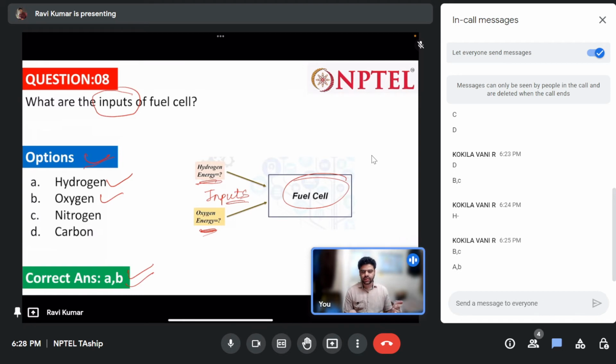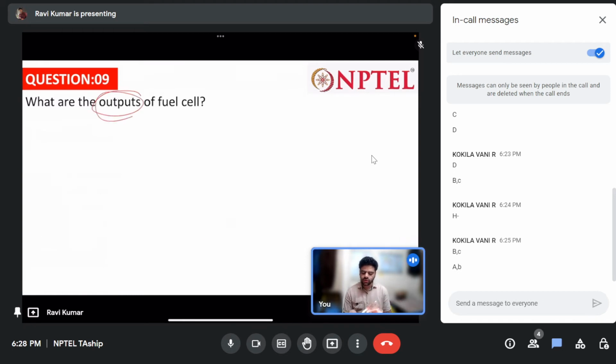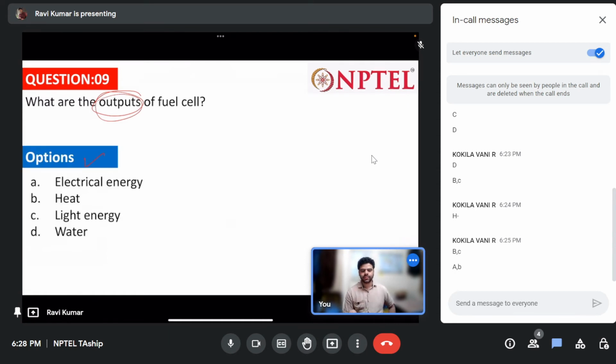Let's move to the next question, which says what are the outputs of a fuel cell? And these are the options. From the fuel cell, what do we get? Electrical energy, heat energy, light energy, or water. Kokila saying water only.